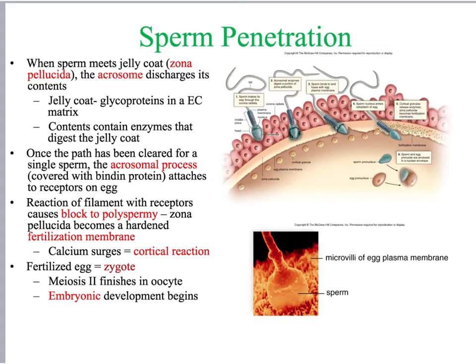These granules contain enzymes that destroy the zona pellucida's sperm binding receptors, and the calcium also hardens the zona pellucida. So these changes in the zona pellucida, making it really hard like a shell, is called the zona reaction, and it's also called the block to polyspermy.